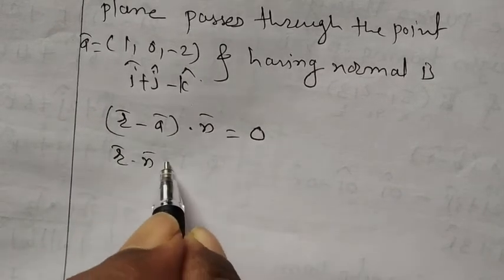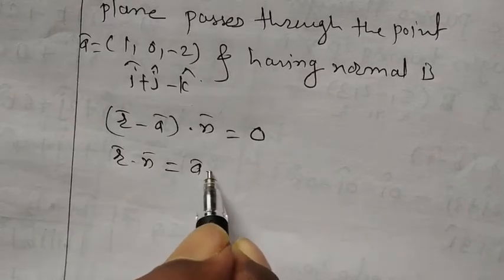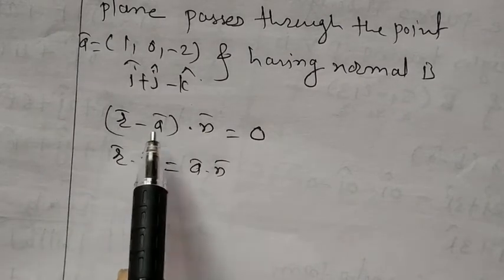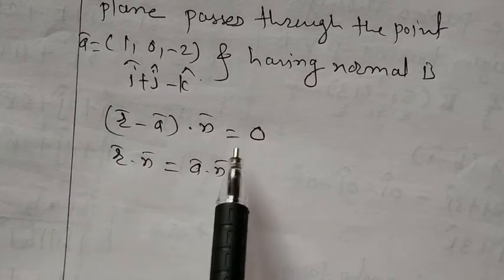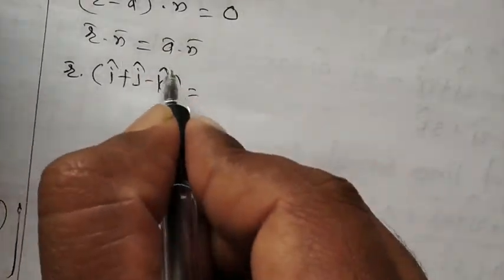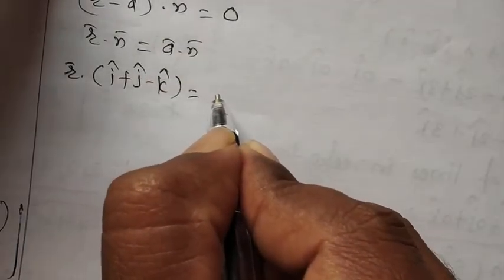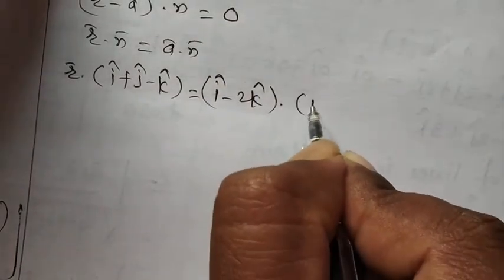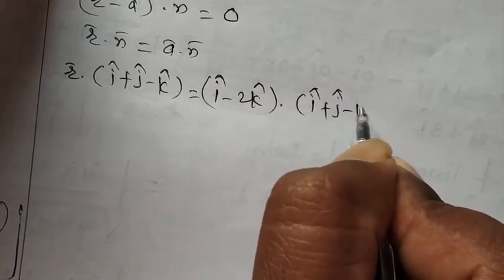r bar dot n bar is equal to what? a bar dot n bar, because when we take the dot, r bar dot n bar minus a bar dot n bar, the minus sign shifts a bar dot n bar to the other side. We can find the vector and Cartesian forms both. Let us do it: r bar dot n bar is equal to a bar, which is 1, 0, minus 2, that is i minus 2k, dot i plus j minus k.